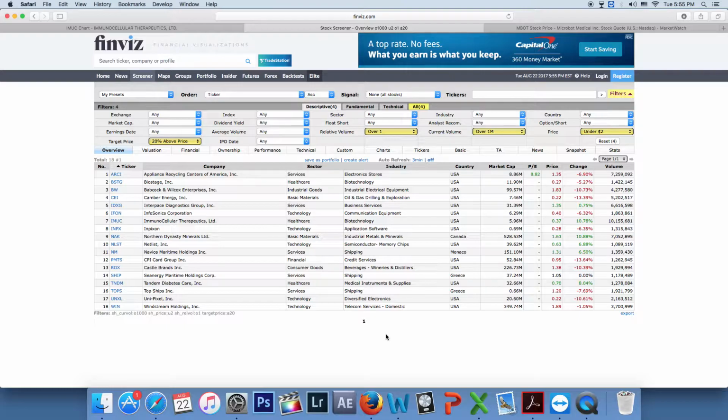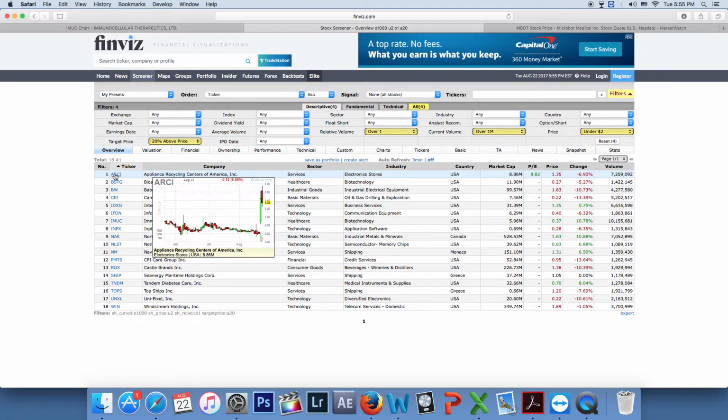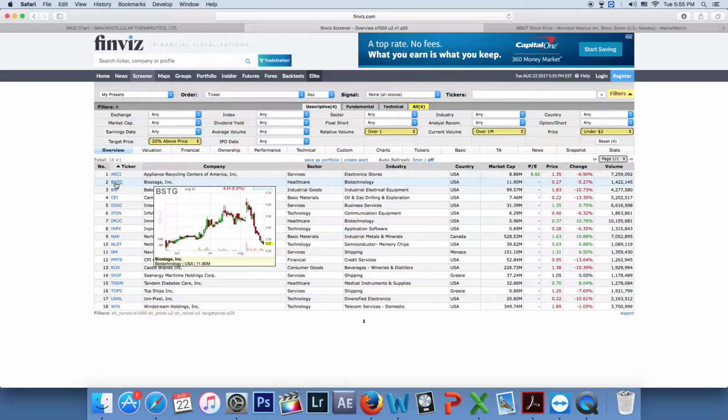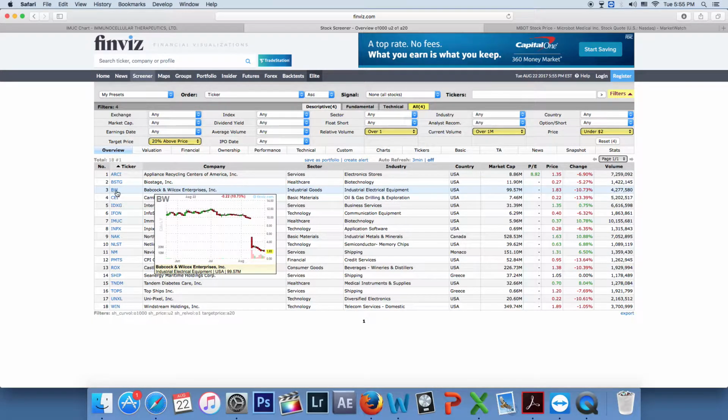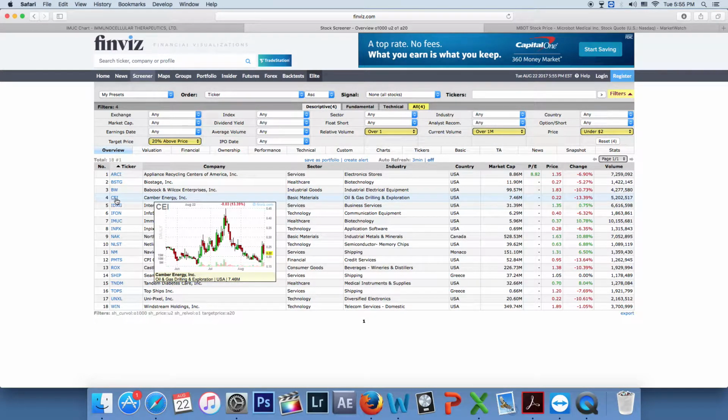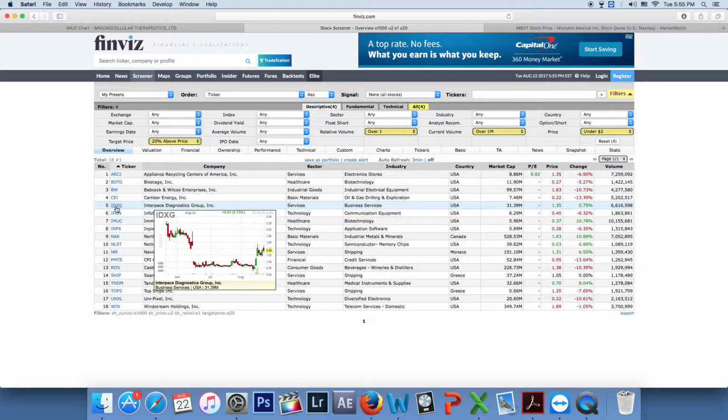So here we go. This is what we do. We start from here and scroll down every list just to get an overview of the chart. I love this about Finviz, you can see the chart right there. It's not a pattern that I like per se, although it's possible it can go up. So I'm looking for signals and key patterns that I'm personally familiar with.